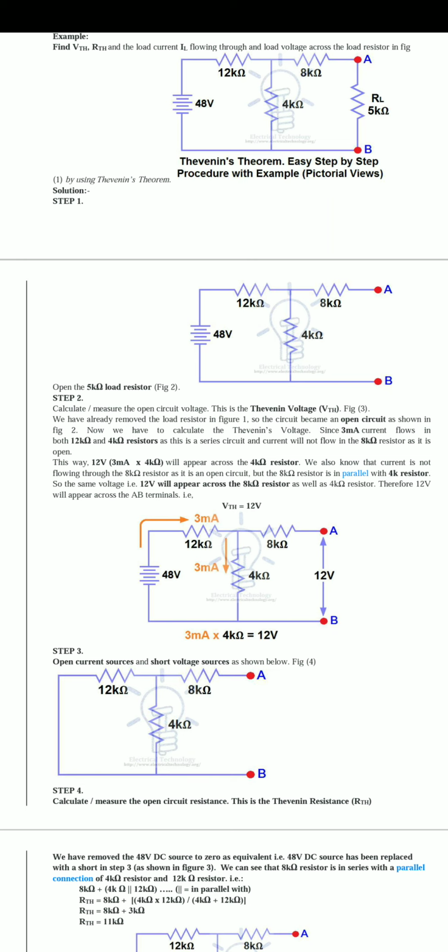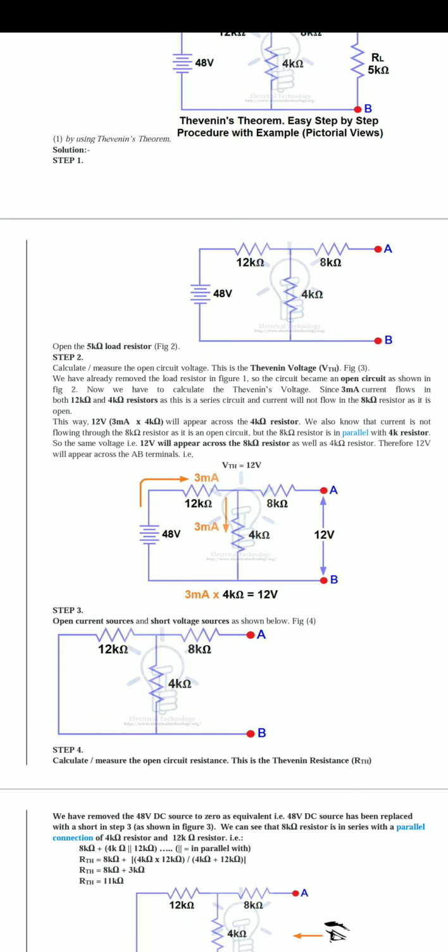Now we can calculate the Thevenin voltage. Since 3 milliamps current flows in both the 12 kilo ohm and 4 kilo ohm resistors, this is a series circuit. The current will not flow in the 8 kilo ohm resistor as it is open. Why?